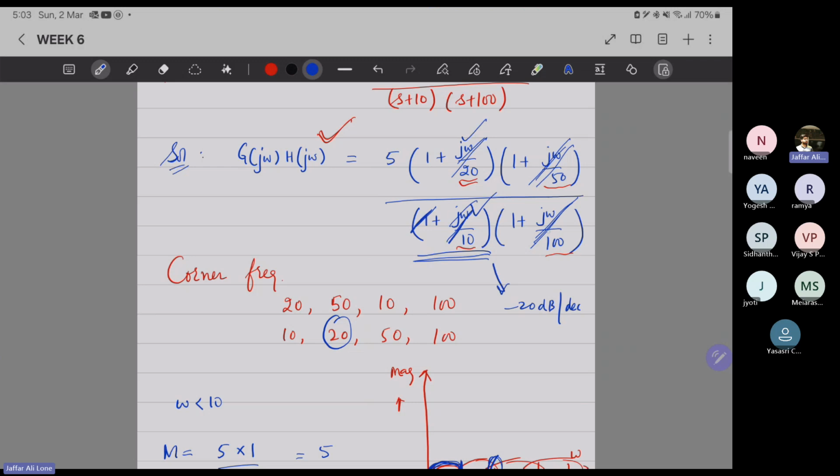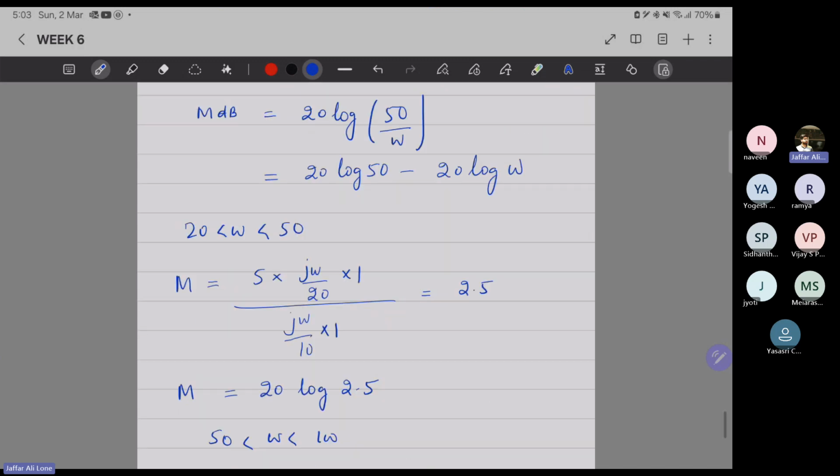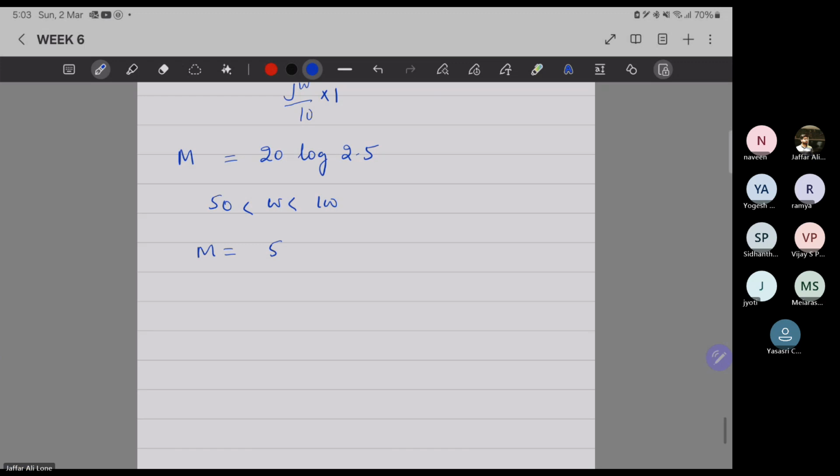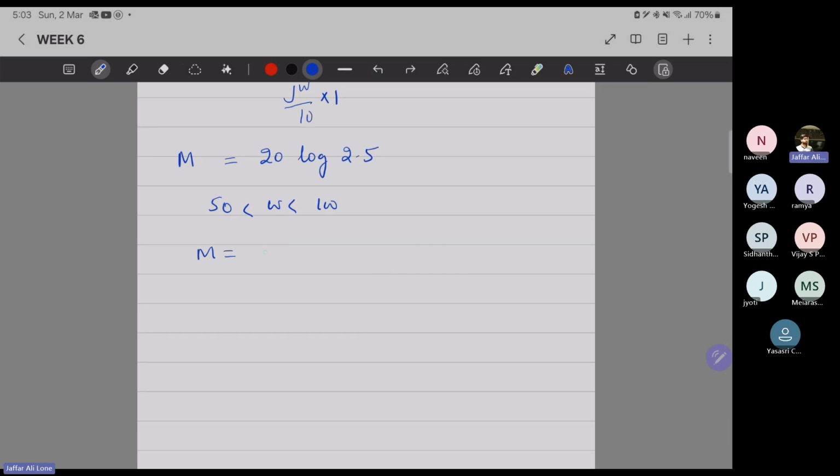Then directly I'll write, you'll get magnitude as 1 over 20 j omega, and magnitude in decibels will be 20 log of omega minus 20 log of 20, right? So this is for this region.